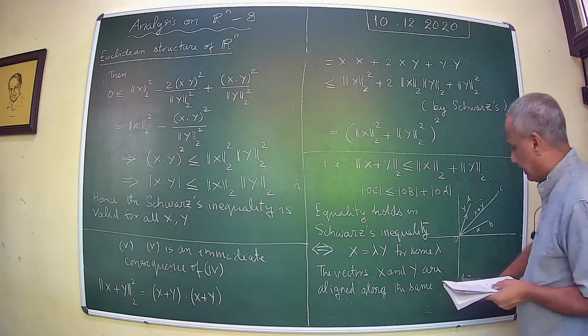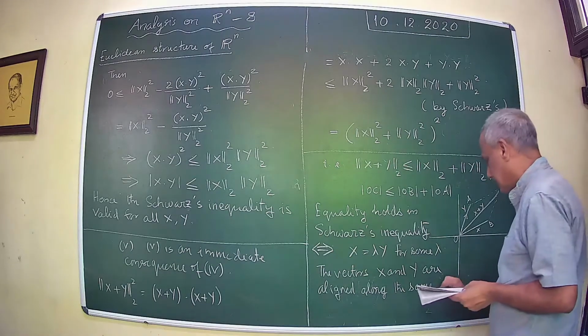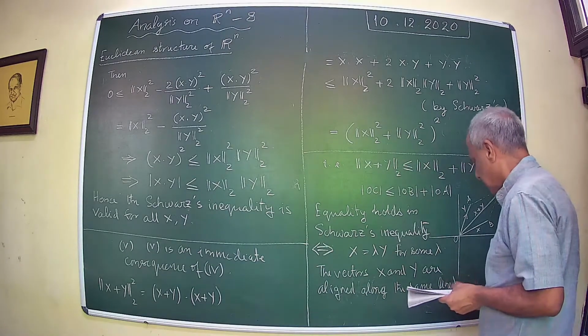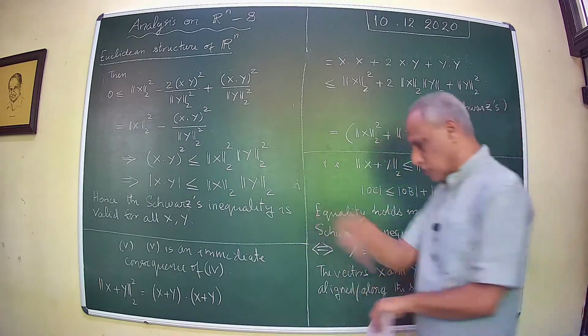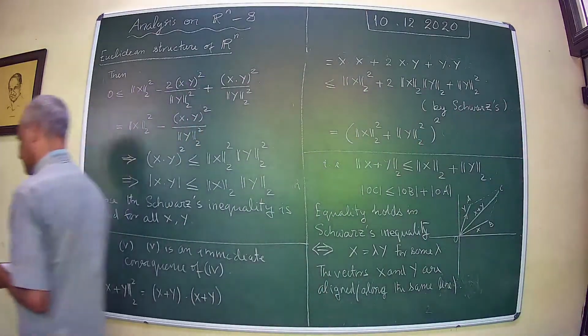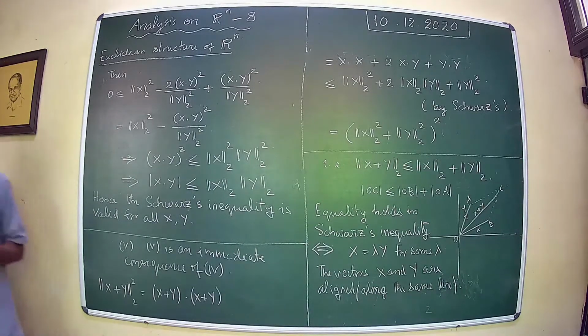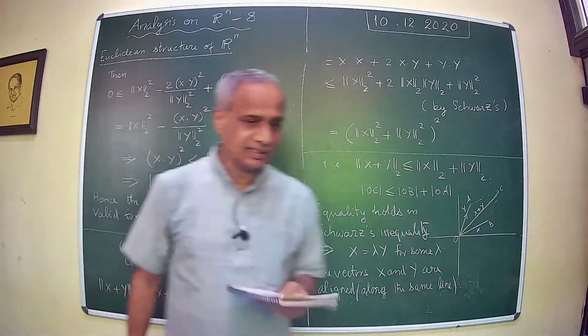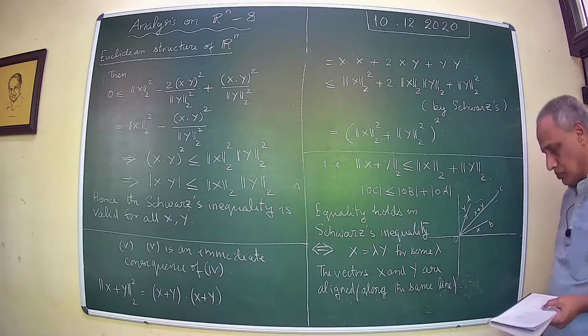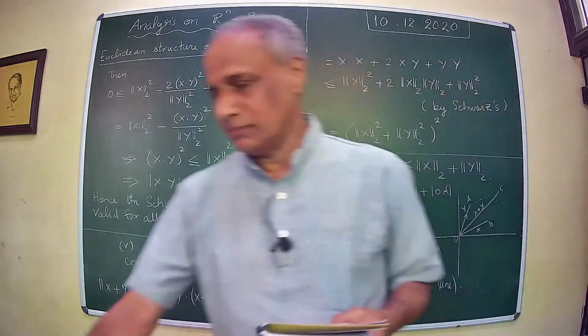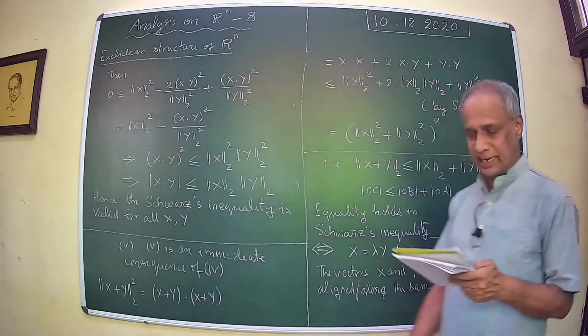I think I would better put it as along the same line, because it could also be in the negative direction. The lambda could be both positive and negative. So that is very easy to prove. You don't need much work to observe that.